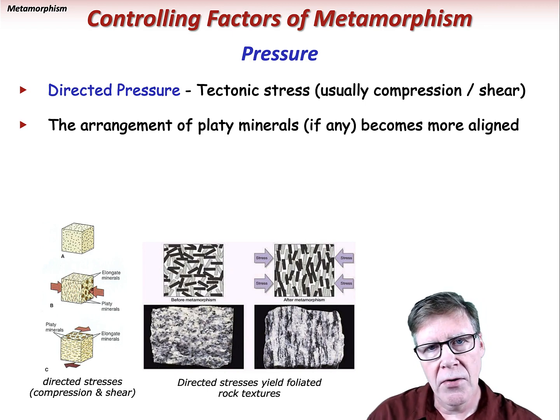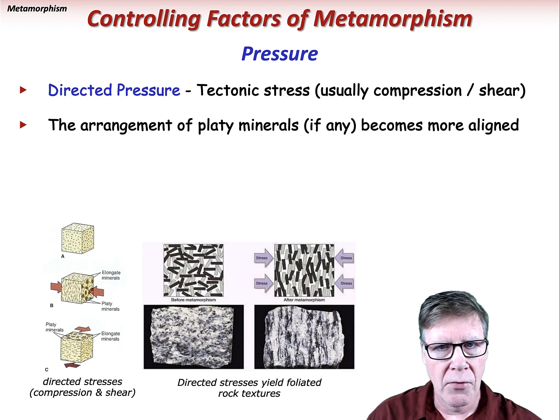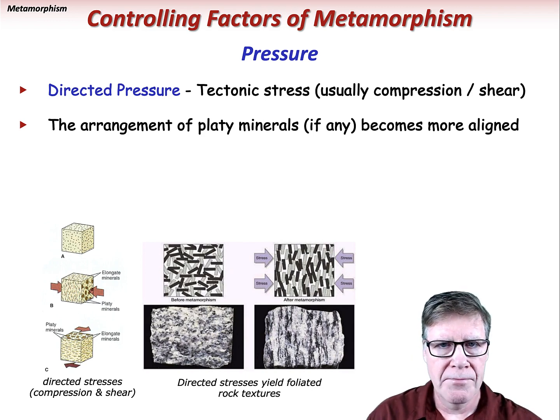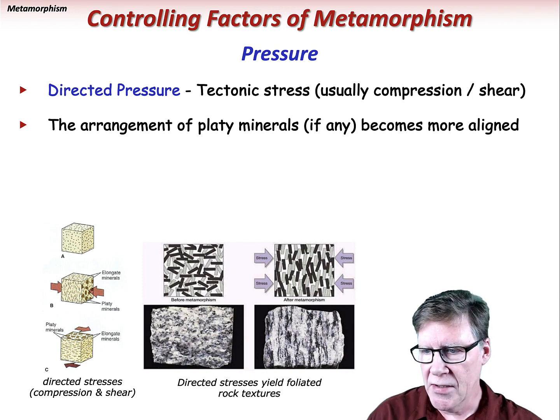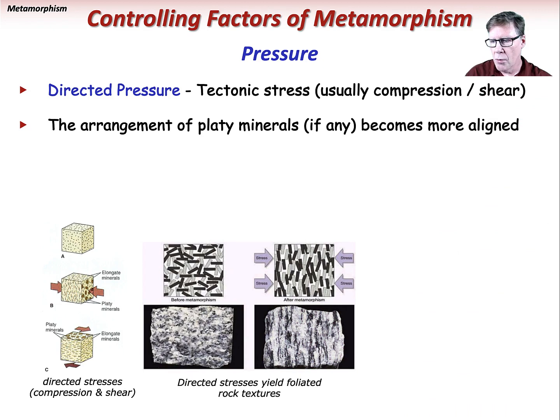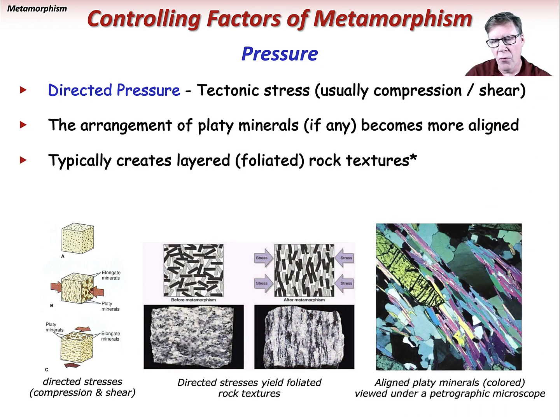This develops very slowly with no melting occurring in the rock, and the new rock texture is called foliated. In that layered texture there, you can see that metamorphic rock type gneiss. So the resulting foliated metamorphic rock texture is layered due to the preferred orientation of these platy minerals.